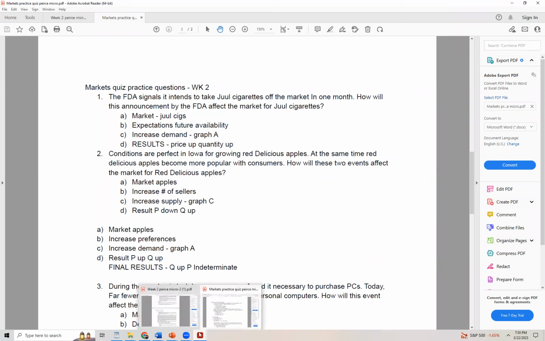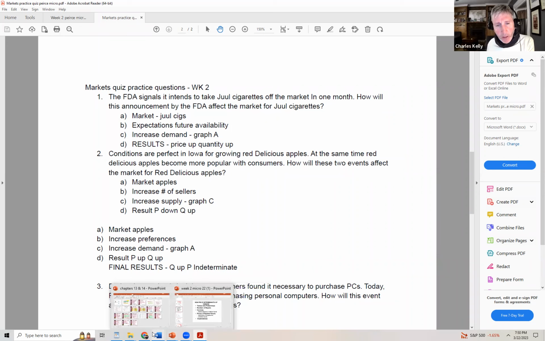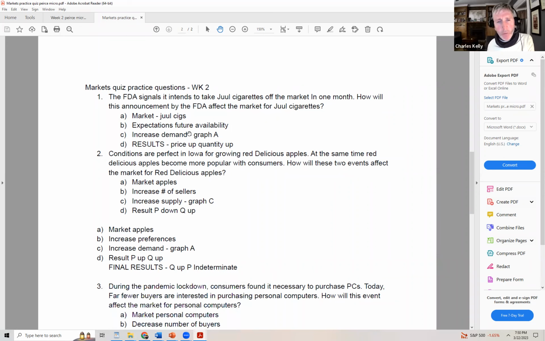Okay. I want to show you something real quick. So let's just do one where, oh, we can do this one. It's fine. We'll use this one. So this is the rare question where you have to analyze 2 events happening at the same time. It says, first, conditions are perfect in Iowa for growing red delicious apples. So you have a boom in the growing season.